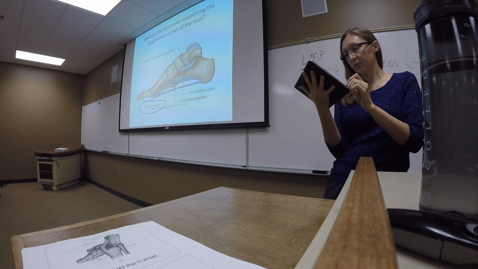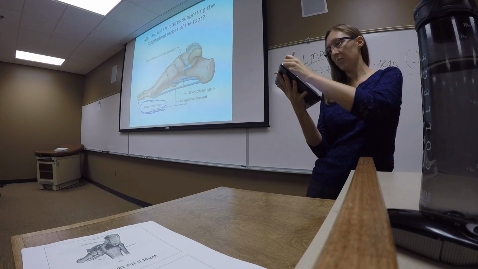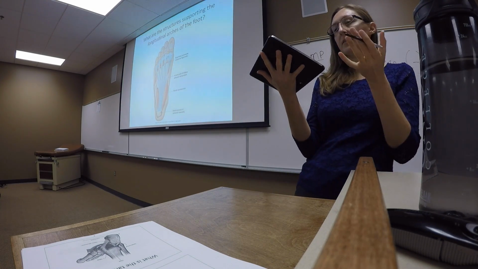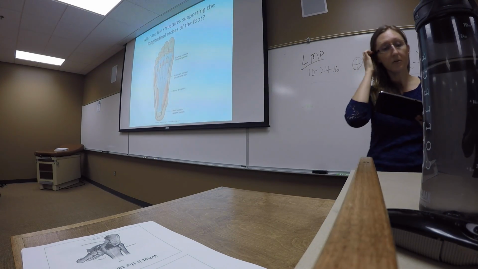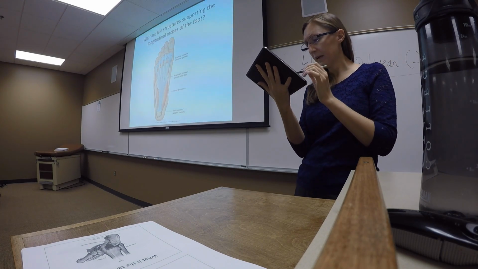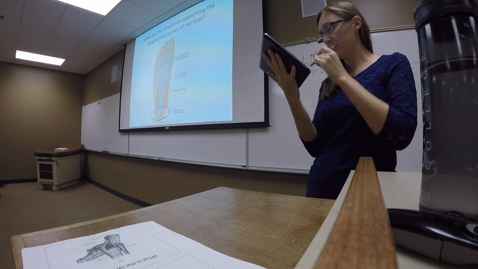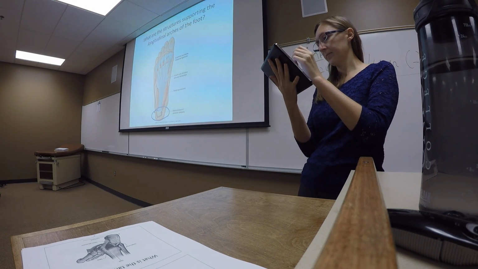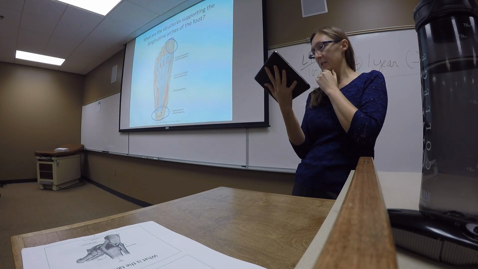So we'll move to looking at the plantar aponeurosis here. And so that is a thickened area of deep fascia that attaches to the calcaneal tuberosity and then to the plantar surfaces of the digits.